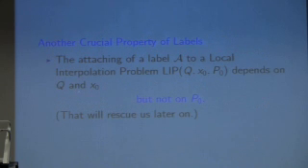Another crucial property of labels, which will not enter the discussion anytime soon, but which at some later point will save us from disaster, is that if we want to decide whether we can attach a given label to a local interpolation problem, it depends on the cube, it depends on the base point, it depends on the set E, it depends on all kinds of stuff, but it does not depend on this polynomial P0. That's a crucial point, and we'll see that coming back.